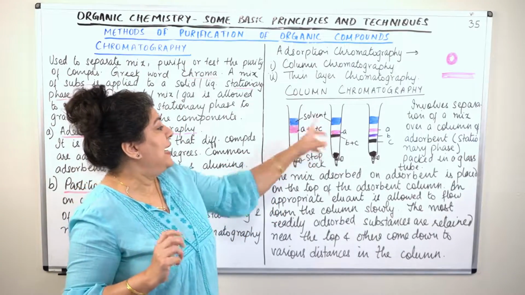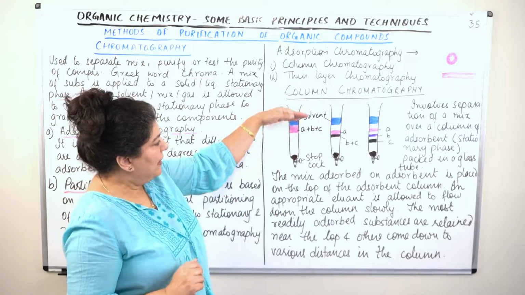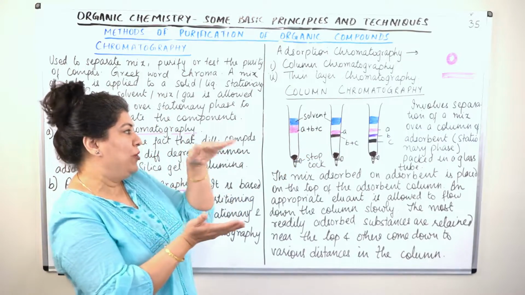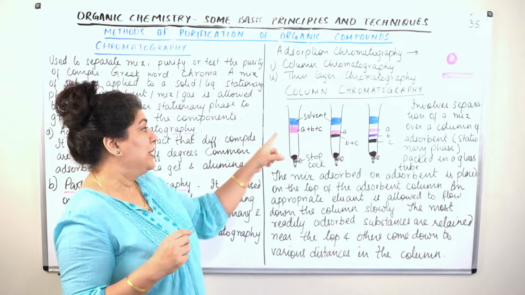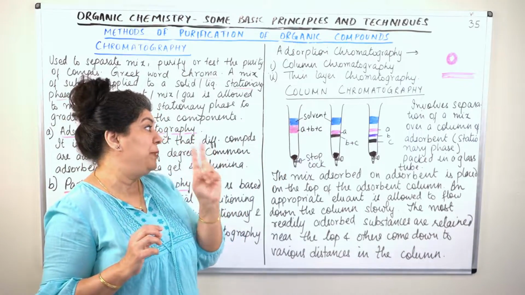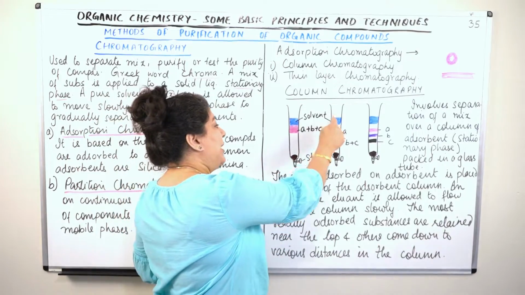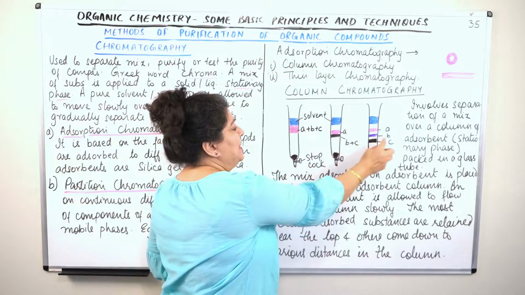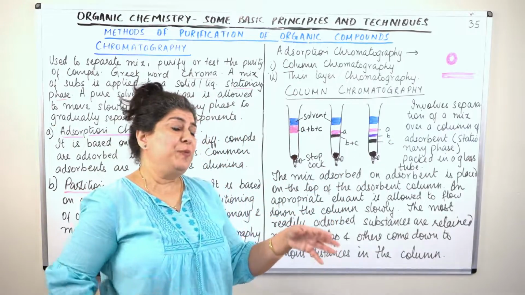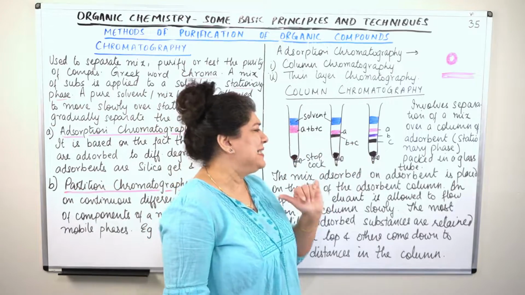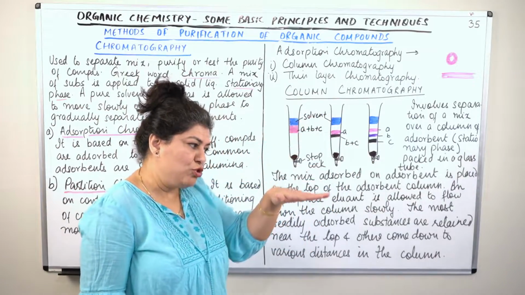So let us say that A got adsorbed first. So the entire mixture moved down and then A was adsorbed. It stopped there because all of it got adsorbed. Now in that little sample of mixture, you are left with 2 other compounds, B and C. So B and C travel with the solvent a further distance, and we find that B stops next, which means the most adsorbent was A, less than that was B, and the least adsorbent was C, which goes the highest.